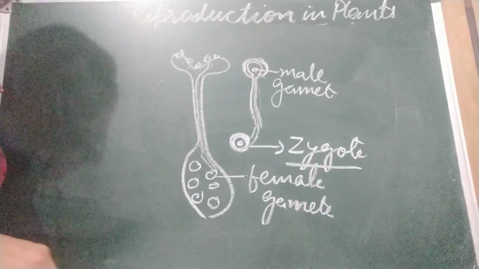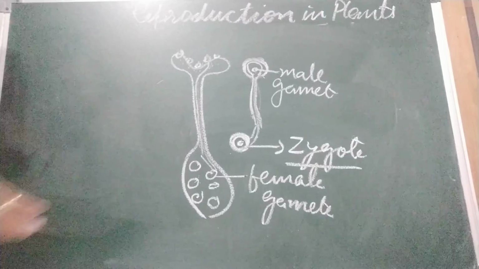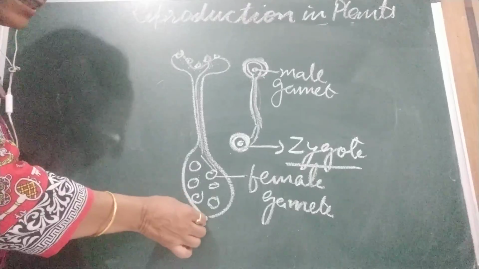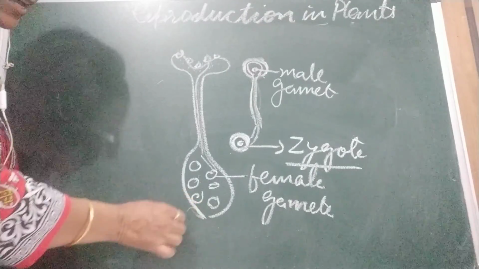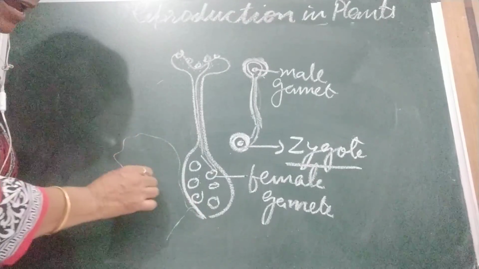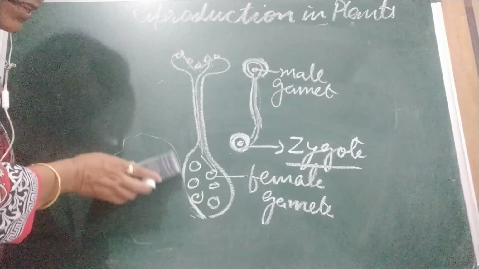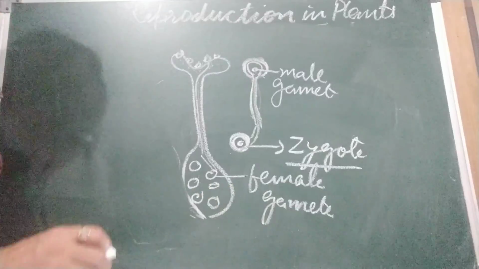Now children, what happens after fertilization? After fertilization, the ovary enlarges, and the petals dry up and shed off.